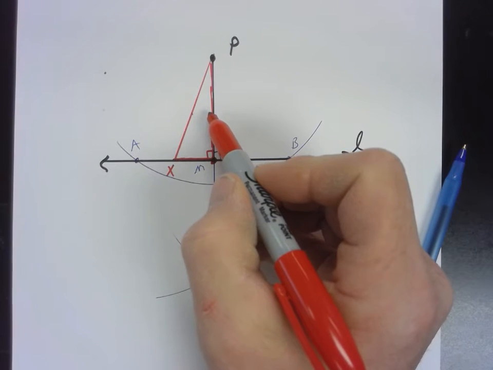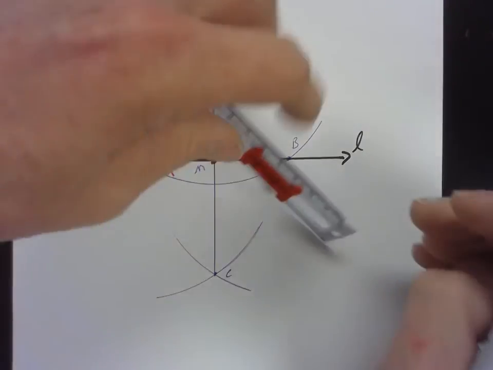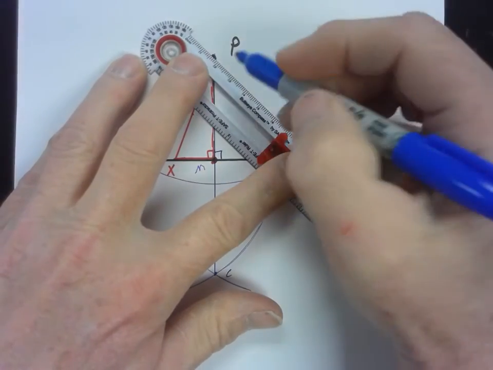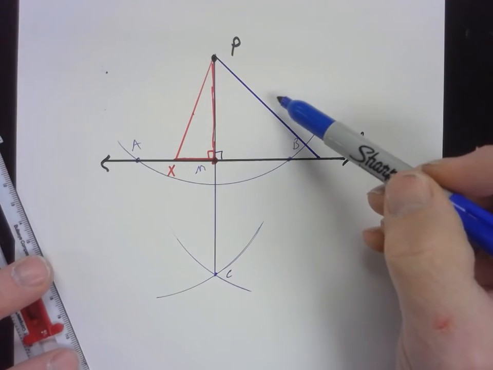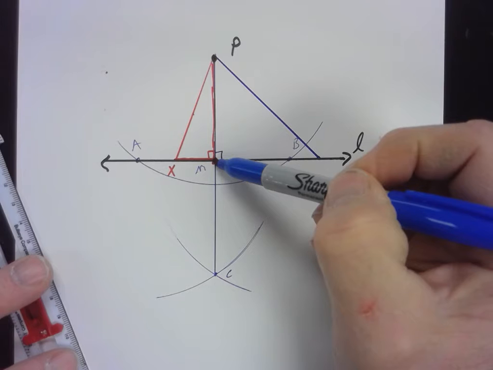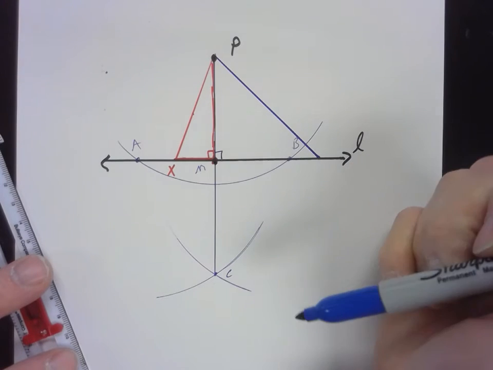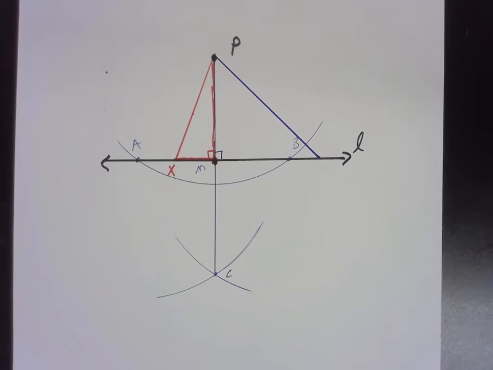So it doesn't matter where I draw another segment. That segment is the hypotenuse of a right triangle, and this is the leg, so that's always going to be shorter. Okay? That's the perpendicular postulate. The parallel postulate and the perpendicular postulate.